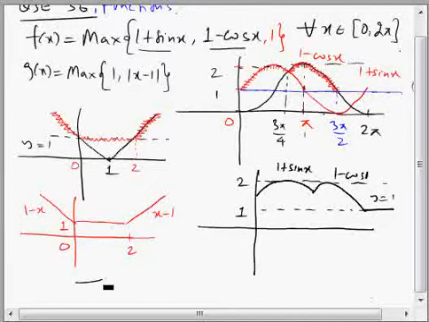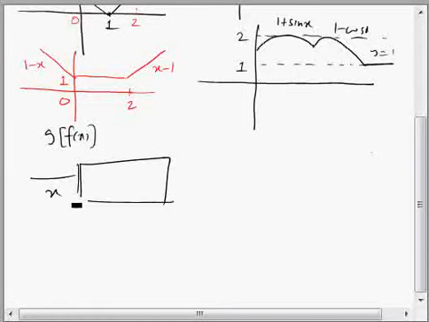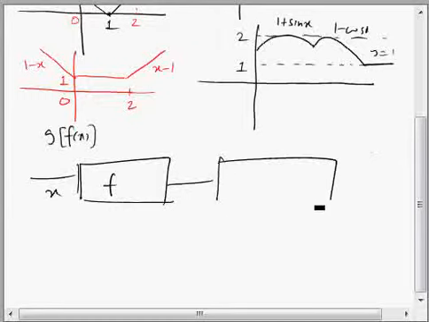Now in this question we have to comment on g of fx. That is, first of all, x goes to f function and output of f goes to g function to get g of f.